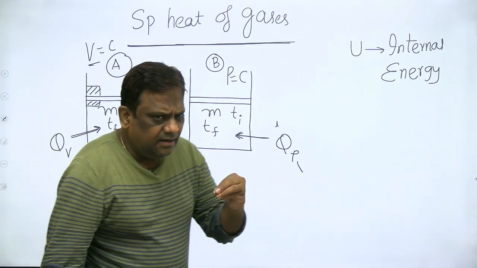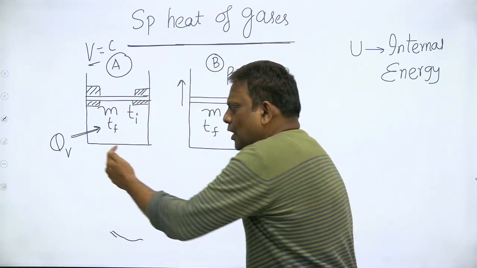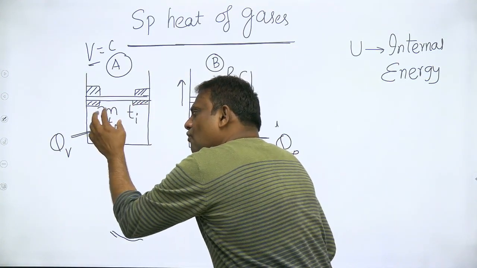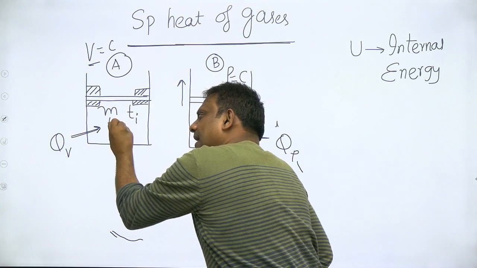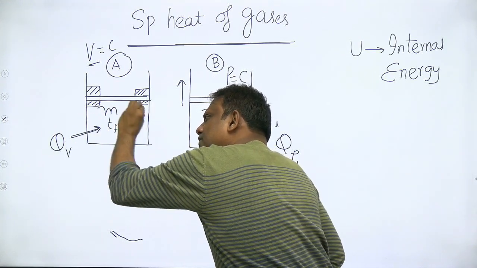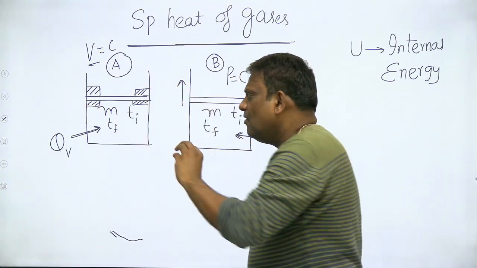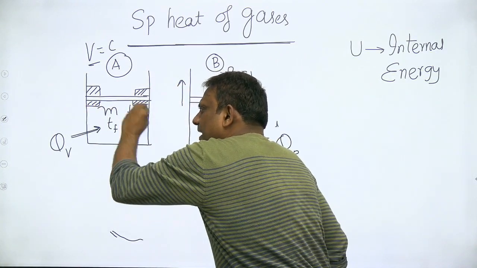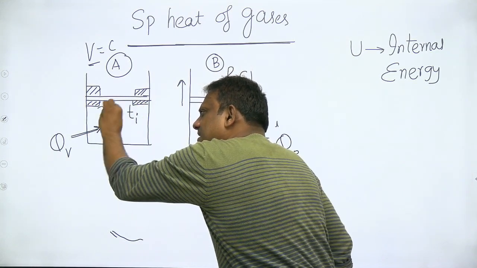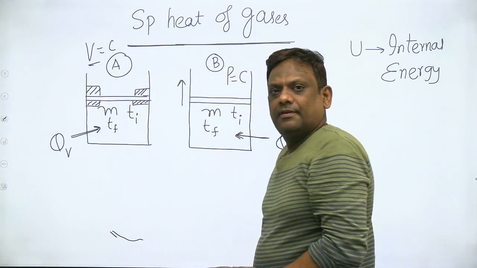If you understand the mechanism of what is happening here, when you are supplying heat, whatever the heat you have supplied, that is completely stored in the system. I repeat, whatever the heat is supplied here, it is completely stored in the system.